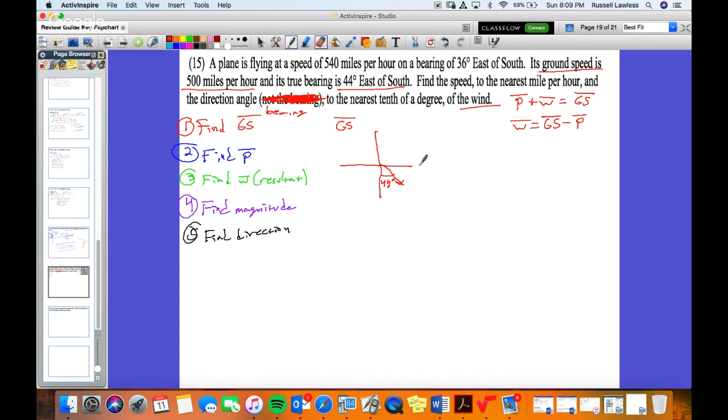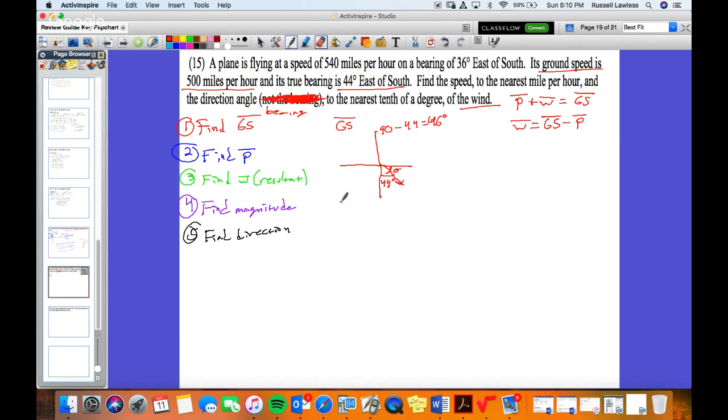I just found the ground speed first so that when I subtract, I won't be as confused. We are going to then find this angle, which is 90 minus 44, and that will give me 46 degrees.